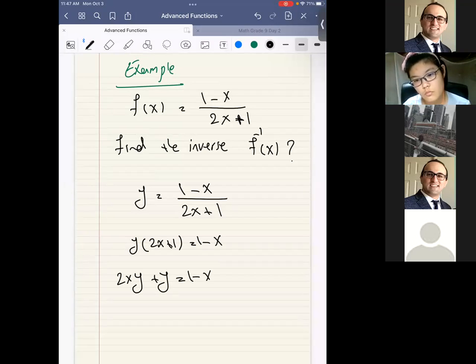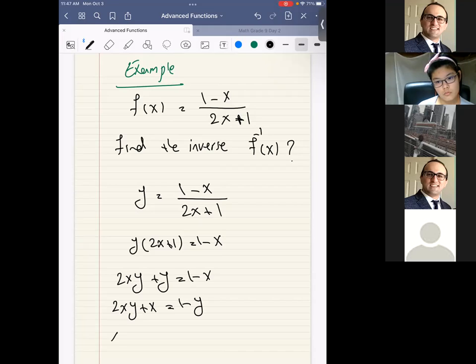You take y to the right hand side and x to the left hand side. You have 2xy plus x equal to 1 minus y. Now you can factor out x, and you get x times 2y plus 1 is equal to 1 minus y. And then you have x.